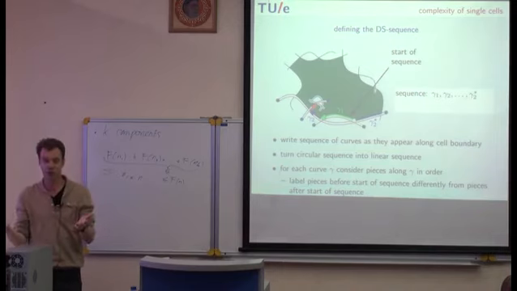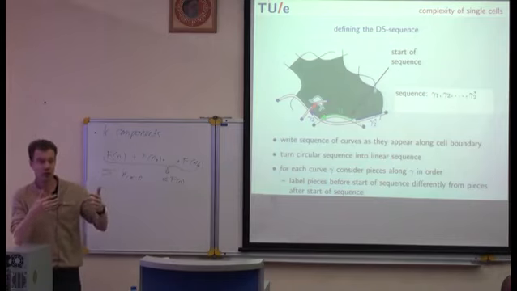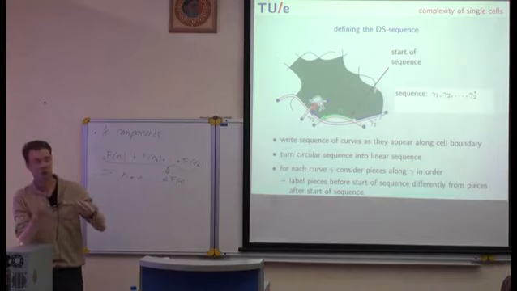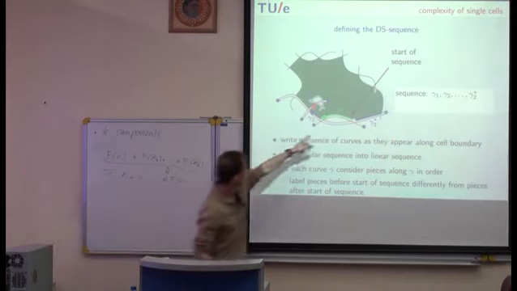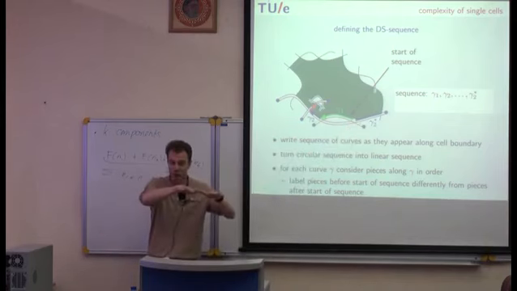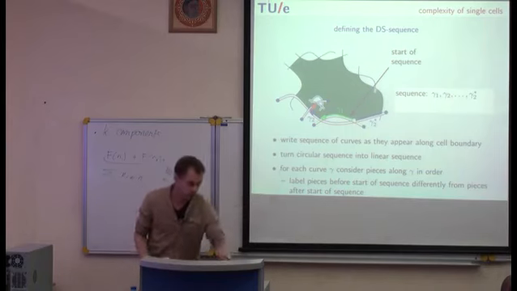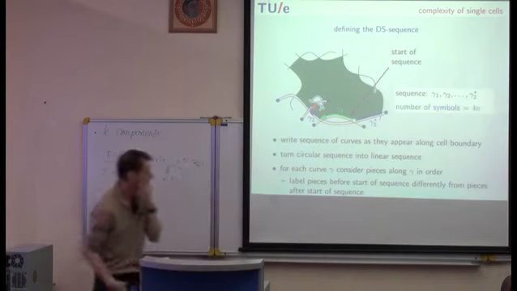I started with n curves, so I was going to use maybe n symbols, but now how many do I end up with? 4n, right? Because first I doubled every curve, so I get 2n symbols. But then for each curve, maybe I also use 2 symbols, one symbol before the starting point and the other symbol after the starting point. So in total I have 4n symbols.